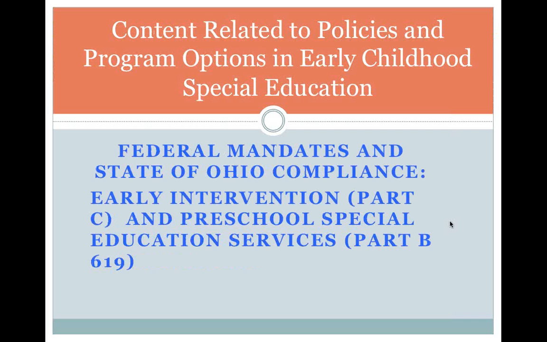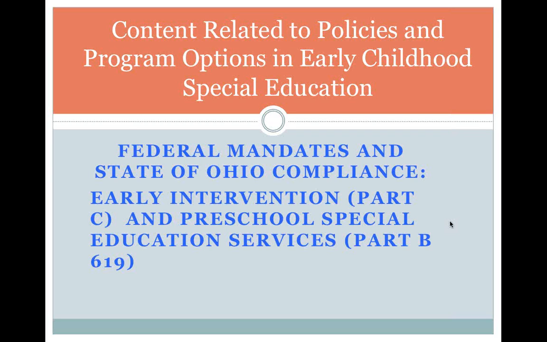The two key elements of the IDEA, the Individuals with Disabilities Education Act of 2004, describe the range of services to be offered to children ages birth through 22 in Ohio.